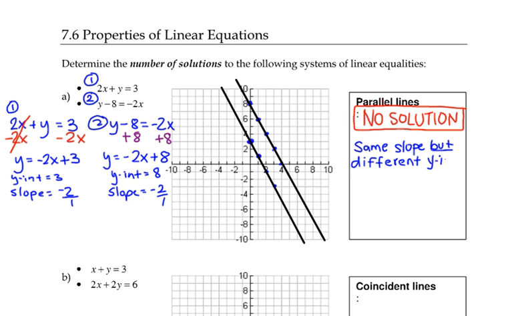So we didn't actually have to graph them. If we just look at their slope, they both had a slope of negative 2 and different y-intercepts. And so just looking at the slope, because they have the same slope but different y-intercept, we know they're going to be parallel lines.